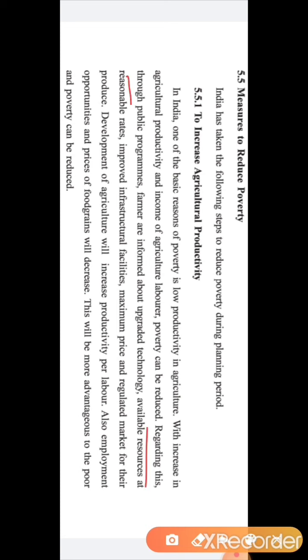Regarding this, through public programs, farmers are informed about upgraded technology, available resources at reasonable rates, improved infrastructure facilities, maximum price and a regulated market for the products they produce. Pay attention, everyone. Here it is explained how to increase agricultural productivity and what efforts are made by the government.